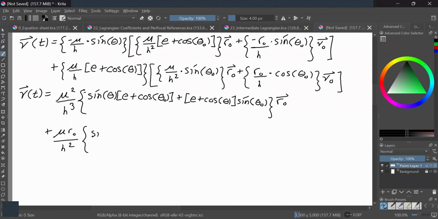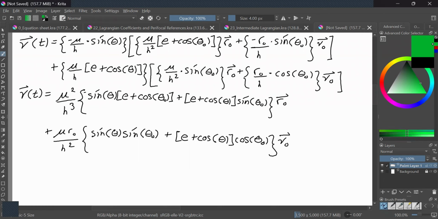So we will have sine of theta, sine of theta naught, plus E plus cosine of theta times the cosine of theta naught. Always match up your brackets. And there we go.